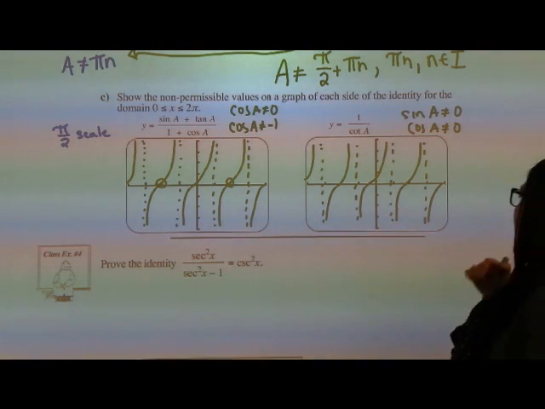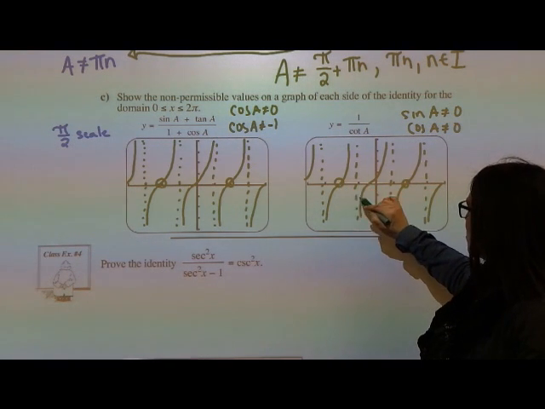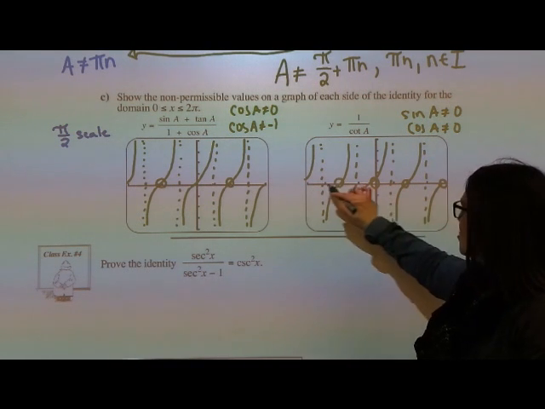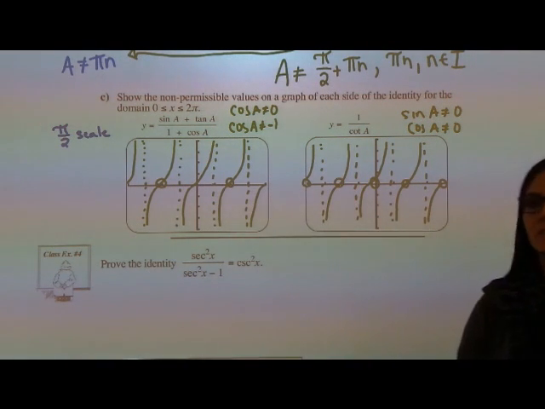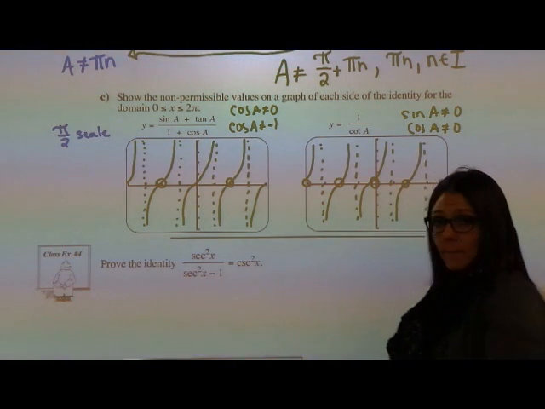So every pi becomes this open circle, this one in the middle, plus these two on the ends. So every pi becomes an open circle. Okay?